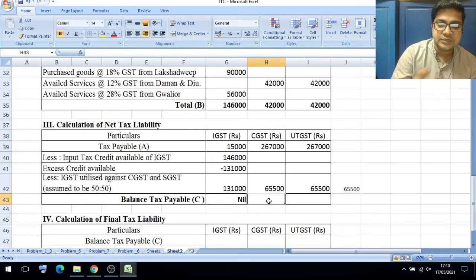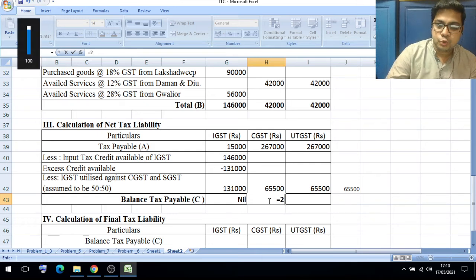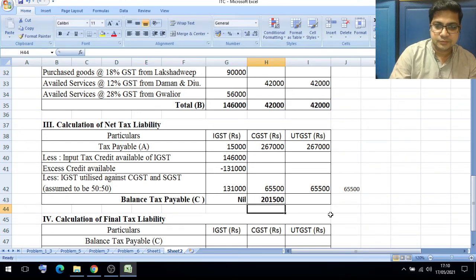Now we have to deduct this excess credit available. 2,67,000 minus 65,500. So 2,01,500.